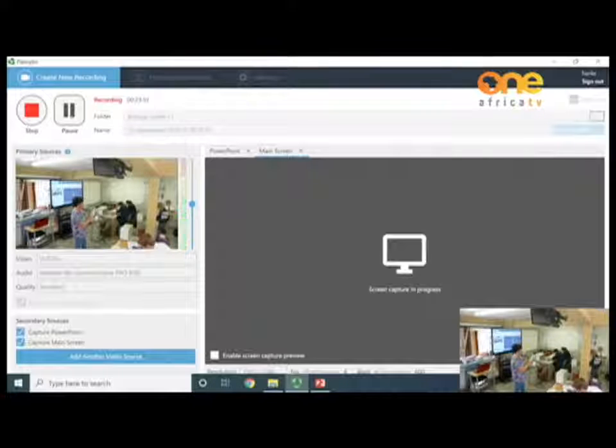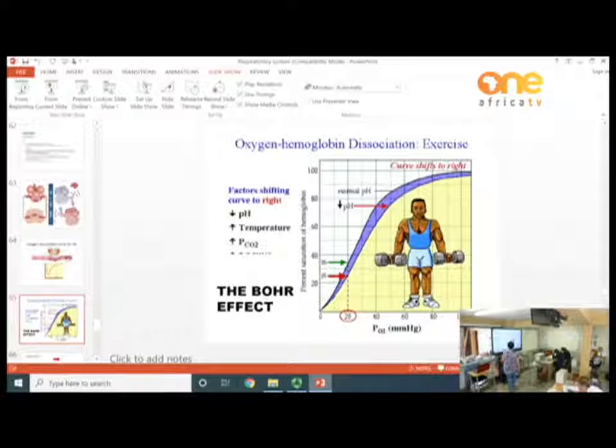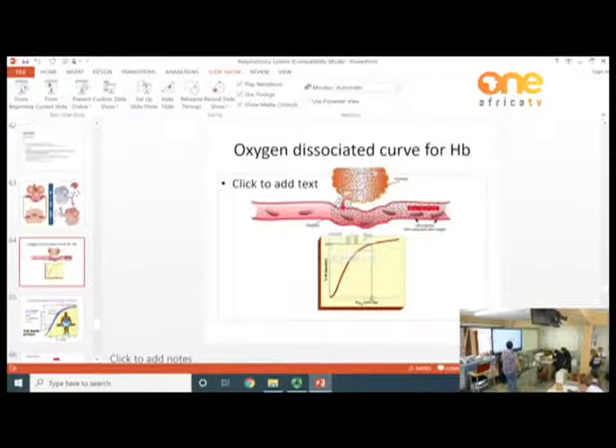So how will we label the x-axis? Please write it in. It is partial pressure of oxygen. And we need to have a unit, millimeters of mercury, the unit we measure pressure in.